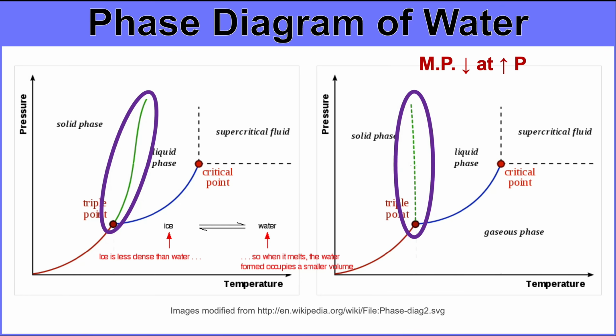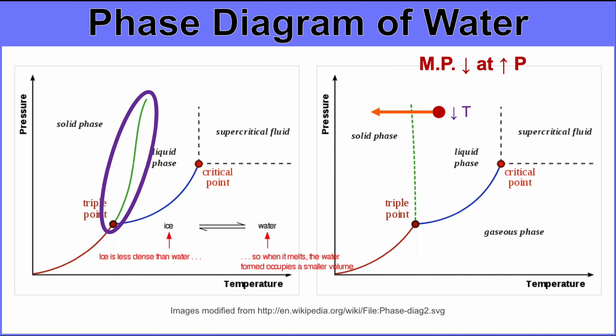For example, this one. To make the liquid water freeze again at this higher pressure, you will have to reduce the temperature. So higher pressure means lower freezing or melting points. So in water, the melting point and the pressure have an inverse relationship.